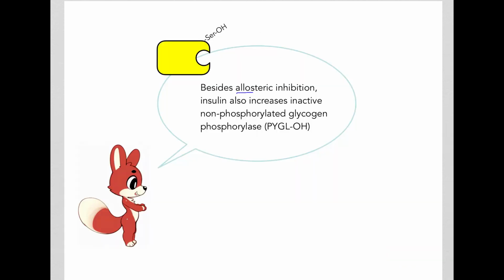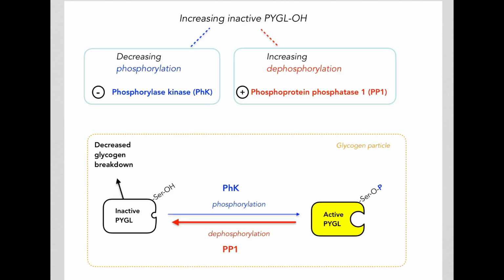Besides allosteric inhibition, insulin can also cause covalent modification, thereby increasing the inactive dephosphorylated or non-phosphorylated form of glycogen phosphorylase. Let's see how that happens. Now, glycogen phosphorylase, PYGL, once again exists as the dephosphorylated form or the phosphorylated form.